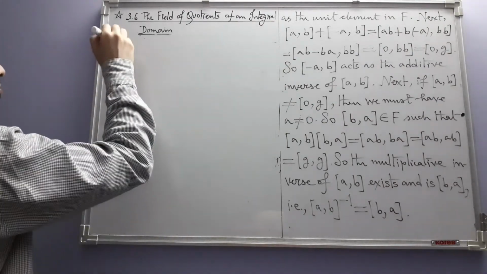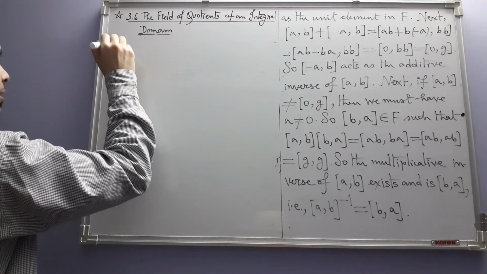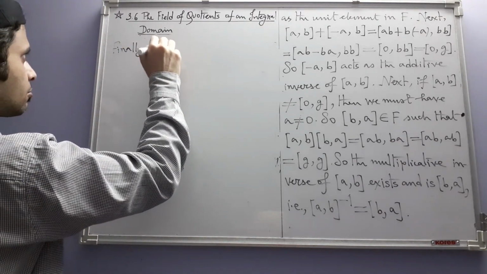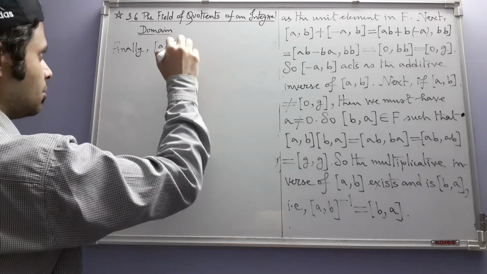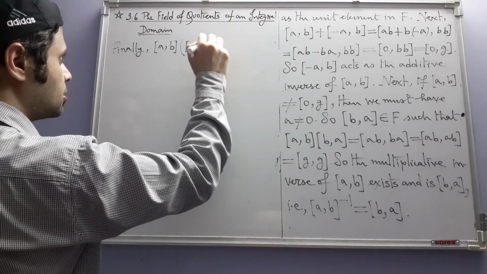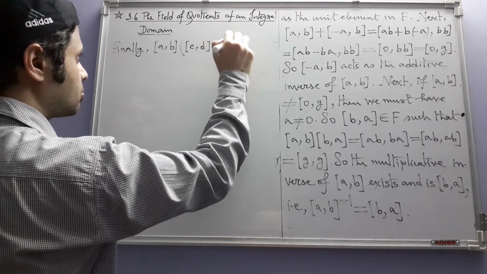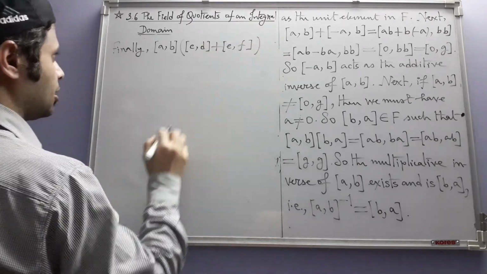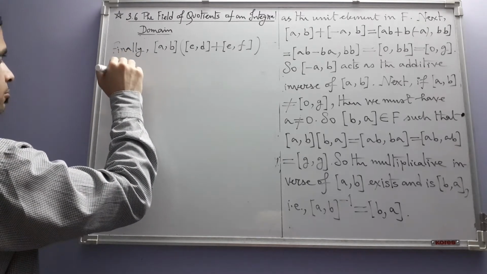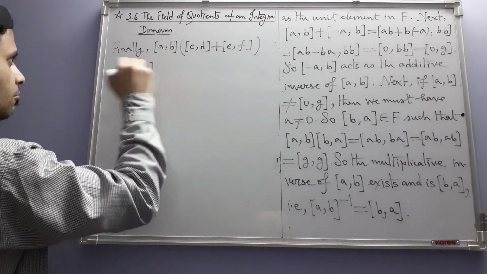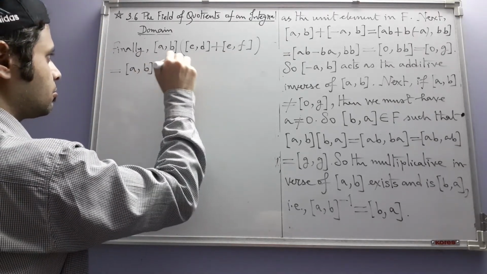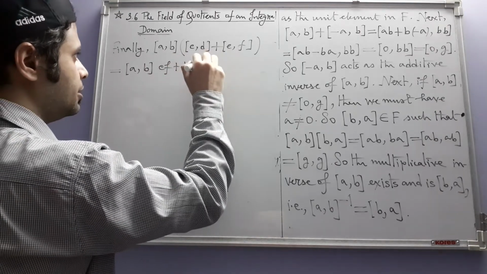Finally, (a, b) times ((c, d) plus (e, f)) is equal to (a, b) times (cf plus de, df).